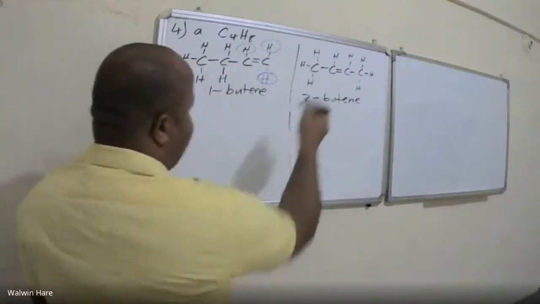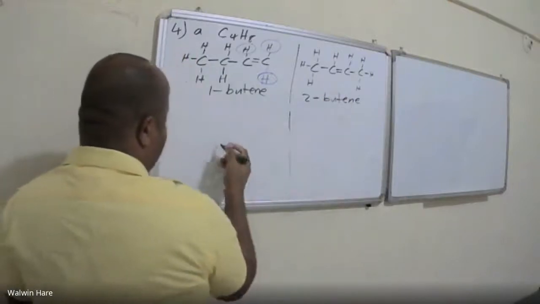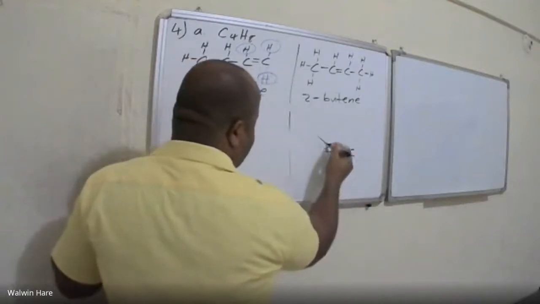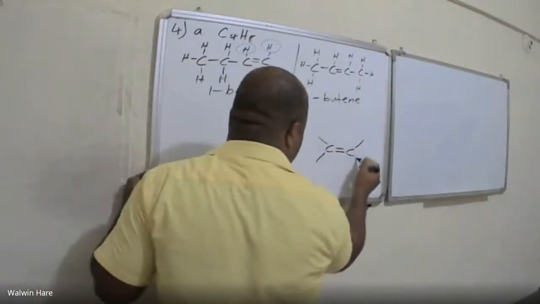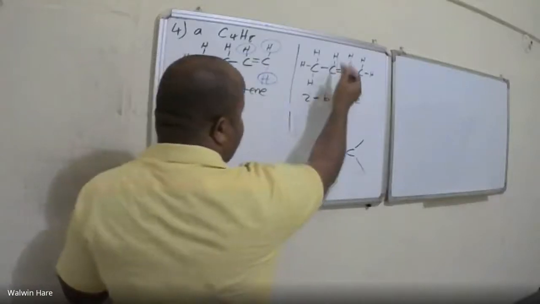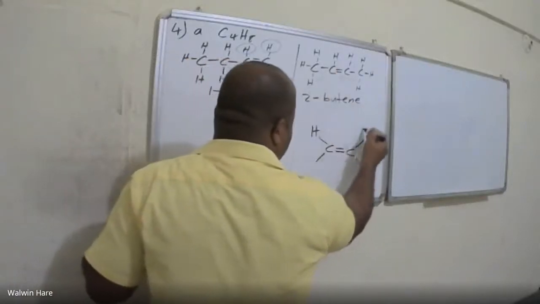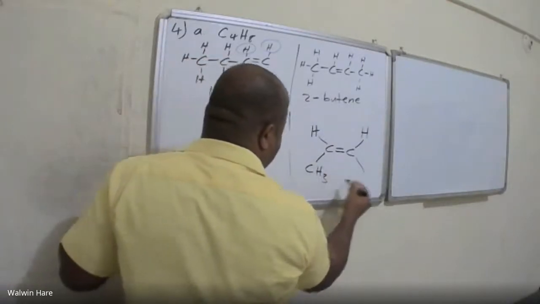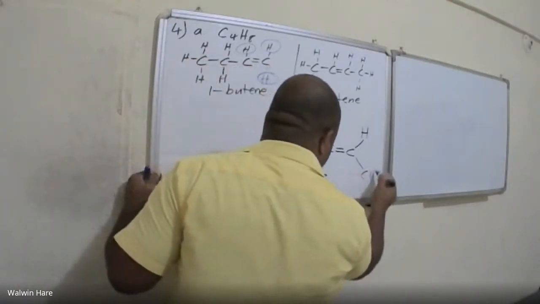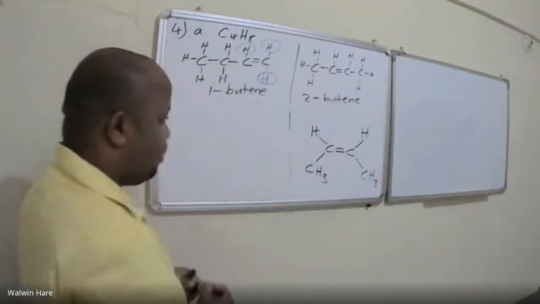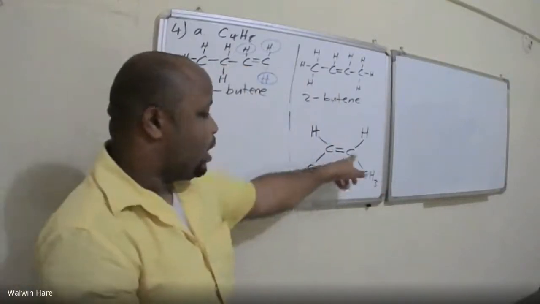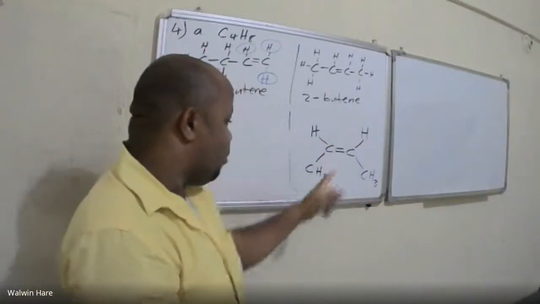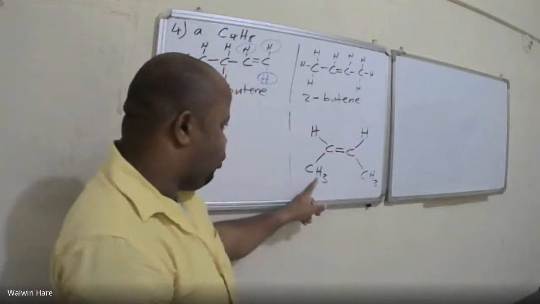So again now for 2-butene, I draw the carbon atoms of the double bond and set up the cis-trans configuration. We have 2 hydrogens and we have 2 methyl groups. So you notice now with 2-butene, the carbon atoms have a group in common. You could use the hydrogens or you could use the methyl groups.